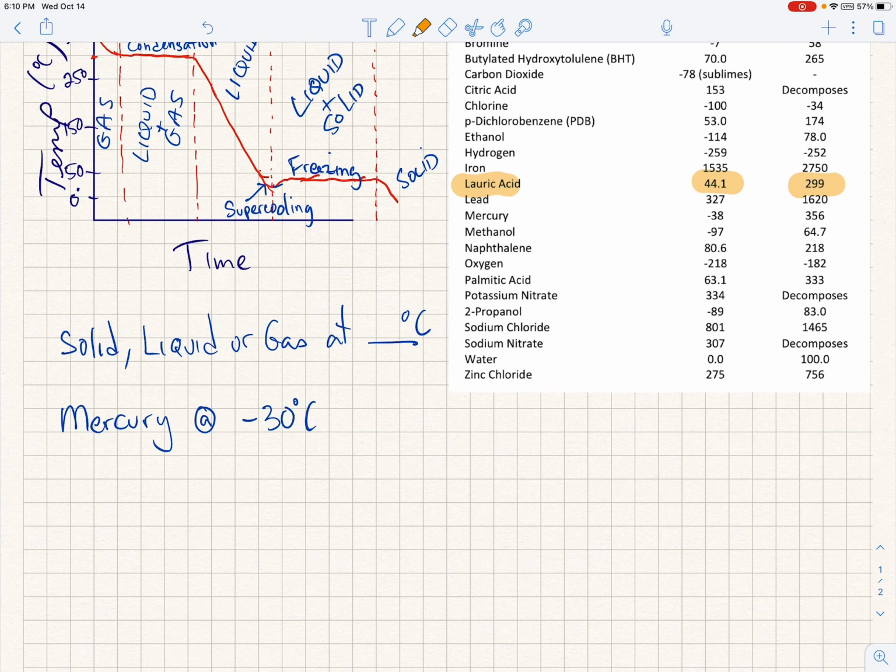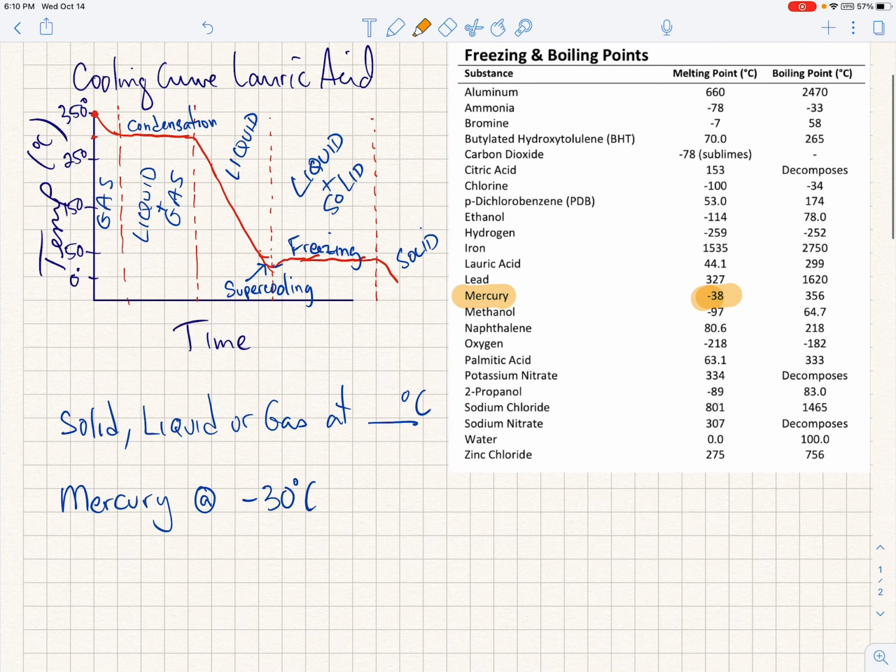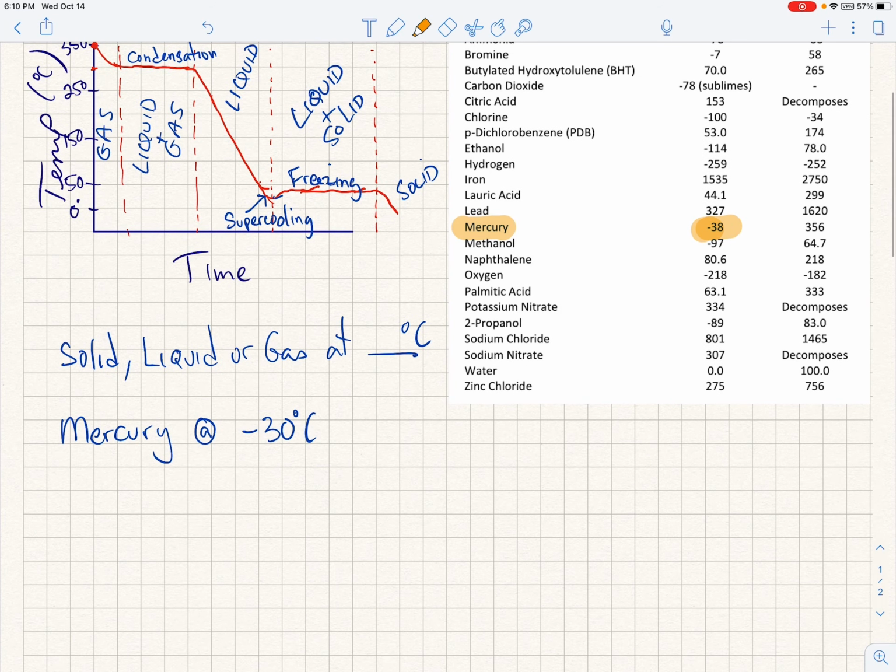Well, first find mercury on the chart there. Let me erase my lauric acid highlighting. So the mercury is here, and we notice that its melting point, or freezing point, is minus 38 degrees Celsius. So what does that mean? If that's the melting point or freezing point, when the temperature is below that, then you'd have a solid, right?